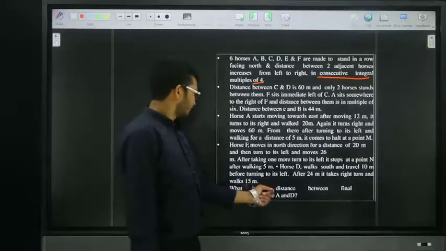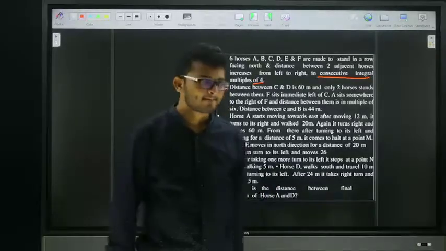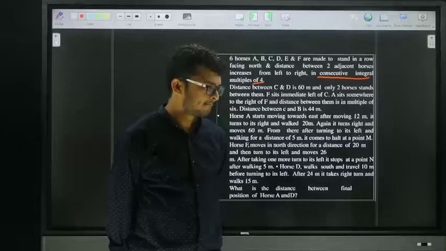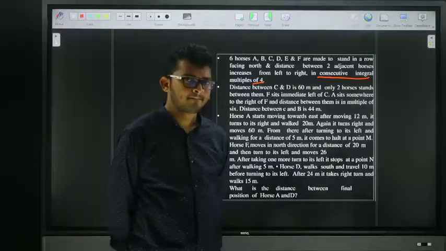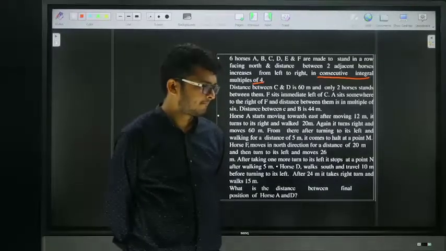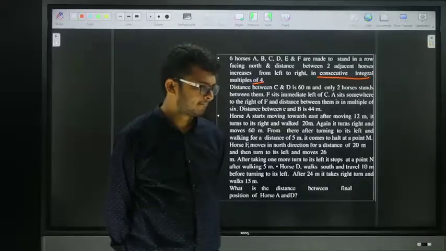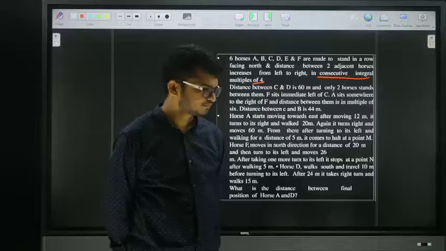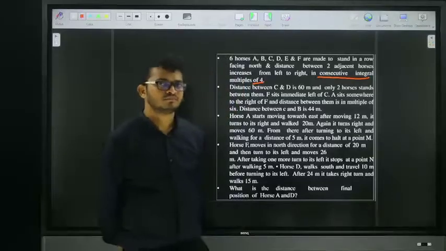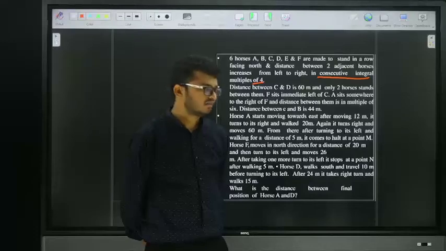What is the distance between the final positions of horse A and D? Friends, complete or not?